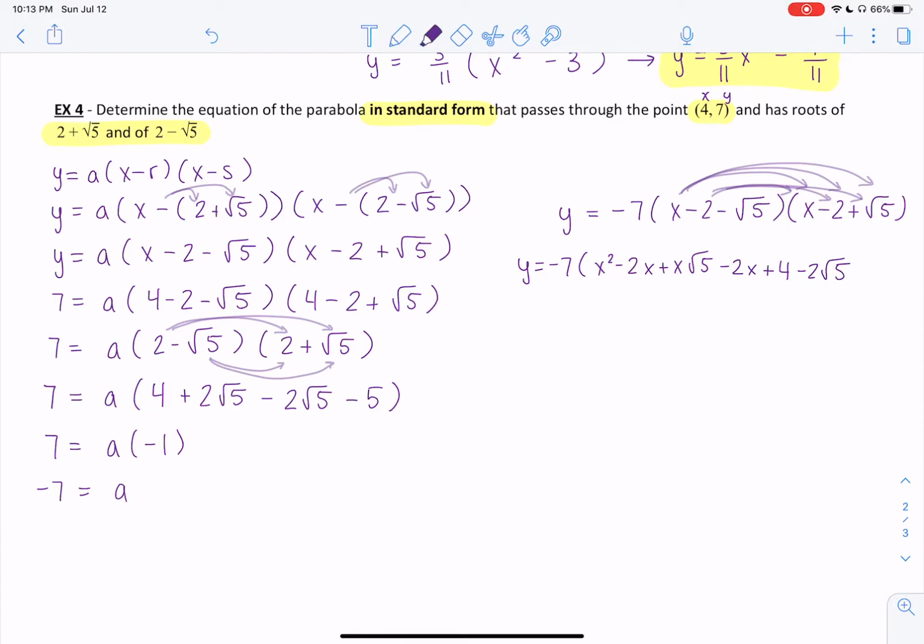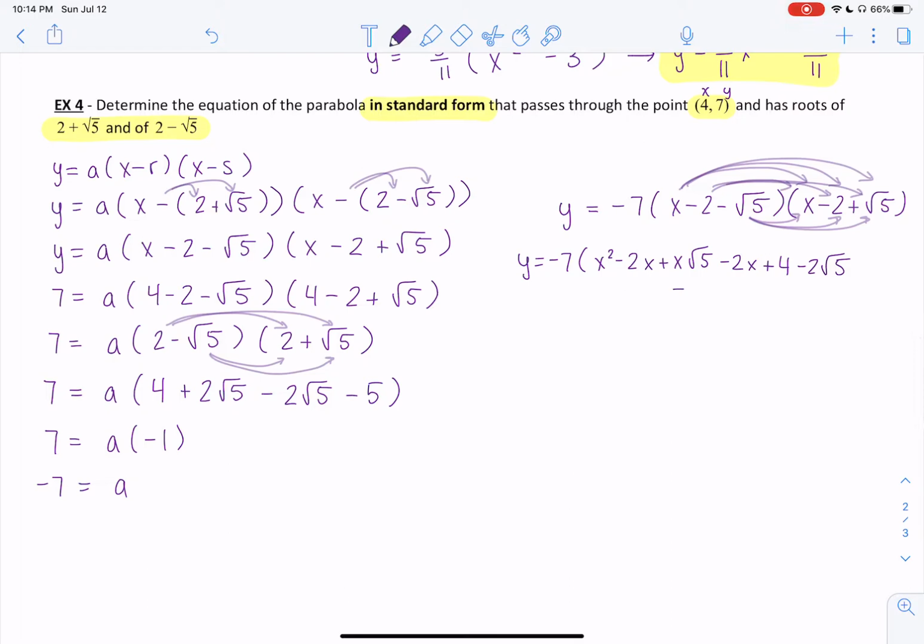I'm kind of running out of room. Sorry about that. Our last one here will be minus root 5. There we go. And now let's collect some like terms in there.